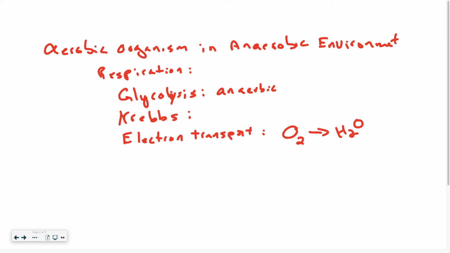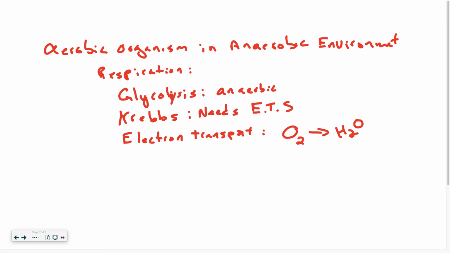Now, even though the Krebs cycle doesn't need oxygen directly, it needs the electron transport system to work. So if there's no oxygen, electron transport stops, and the Krebs cycle stops. Glycolysis can continue for a while.